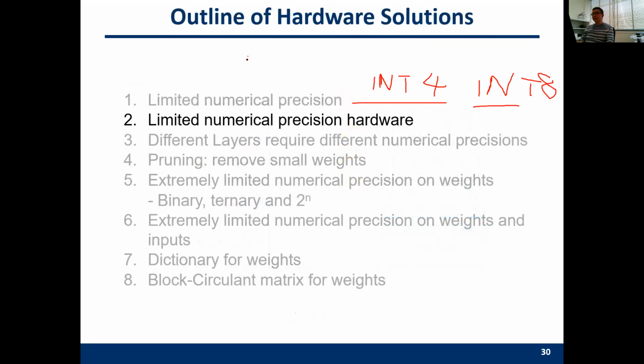Because, for example, if this is your fixed point, and because this is fixed point, the dot is always here, you can just scale all the results by 1,000 times, and then you have the binary like this. So in this way, you can use an integer to store this data.